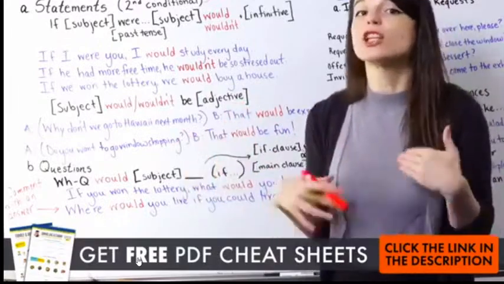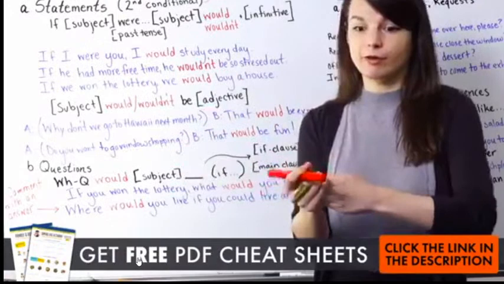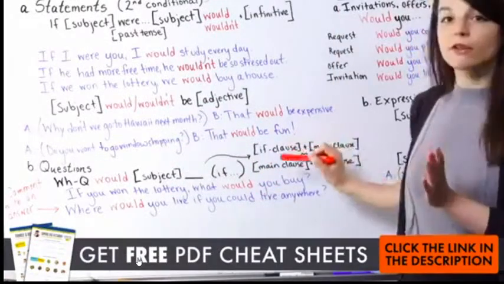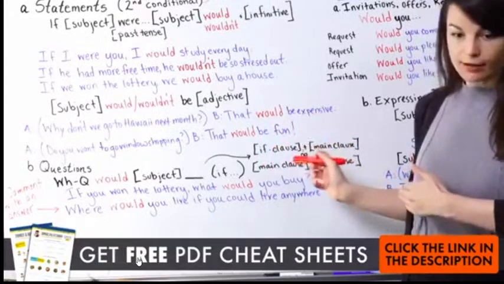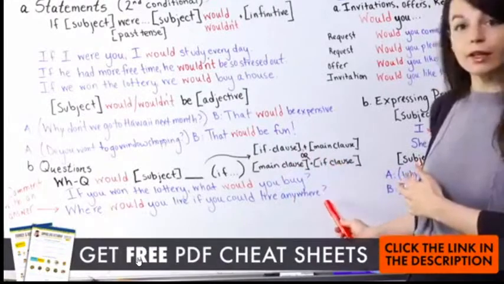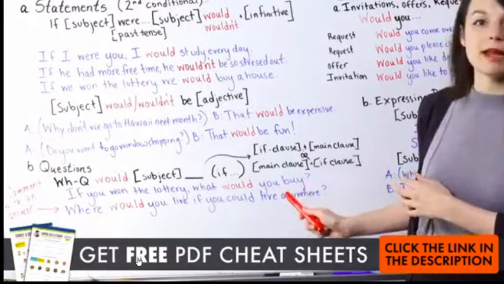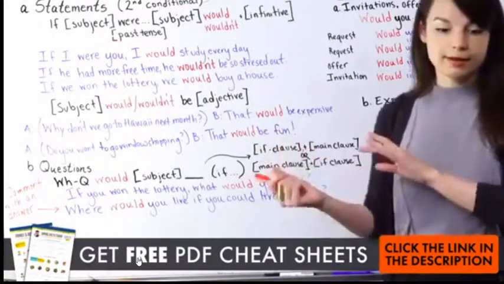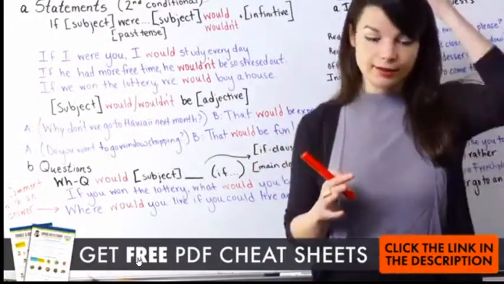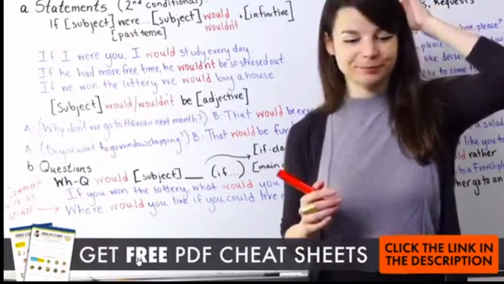The if clause is introducing some kind of information that we need to understand the main clause. So if clause, comma, main clause. However, if you use this pattern, main clause first plus if clause, as I've done down here, you don't need to put a comma after the main clause. So only if your if clause is at the beginning of the sentence. So another point for those of you interested in punctuation.